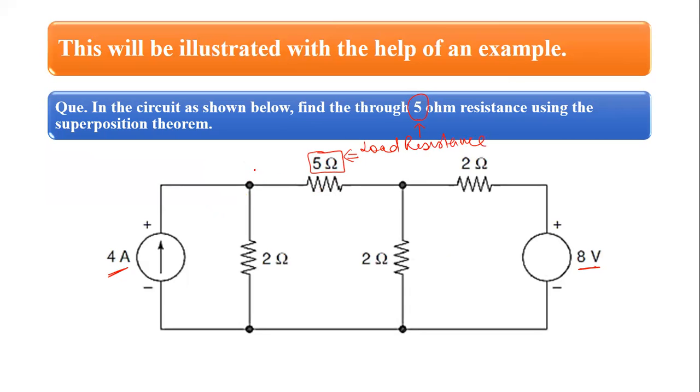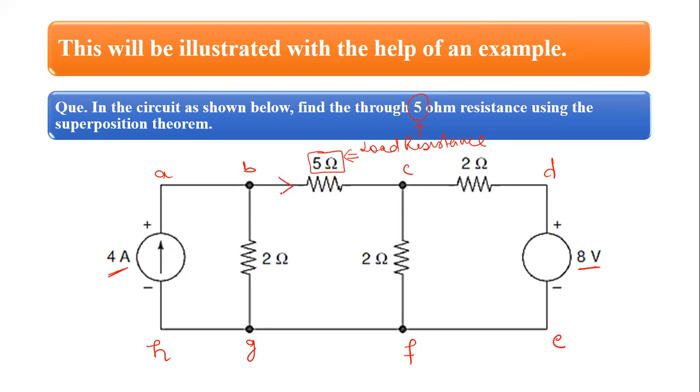So we will mark the nodes here. Let us say this is A, this is B, this is C, this is D, and then we have E, F, G and H. We have the marking here. Now we can calculate the current in the 5 ohm.